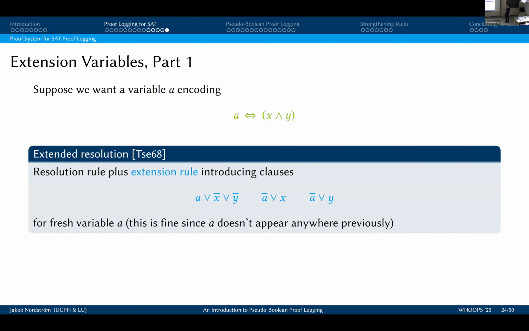But there are some forms of reasoning for which this is not enough, namely preprocessing. So for this, we could introduce an extension rule.